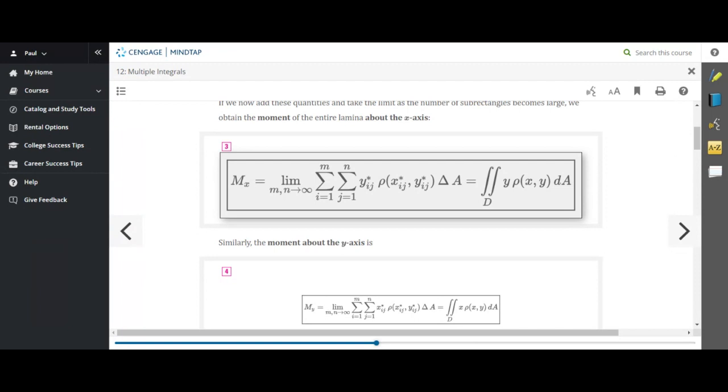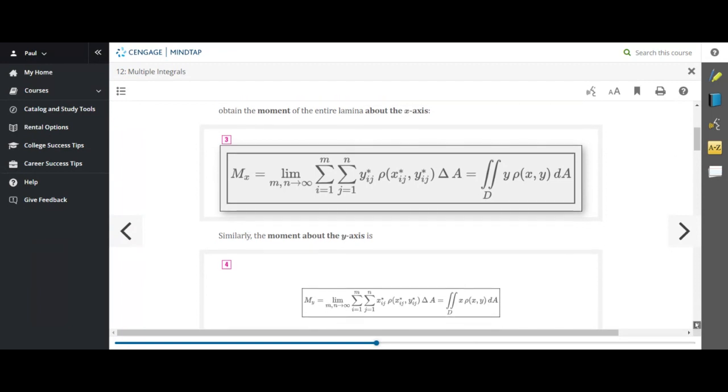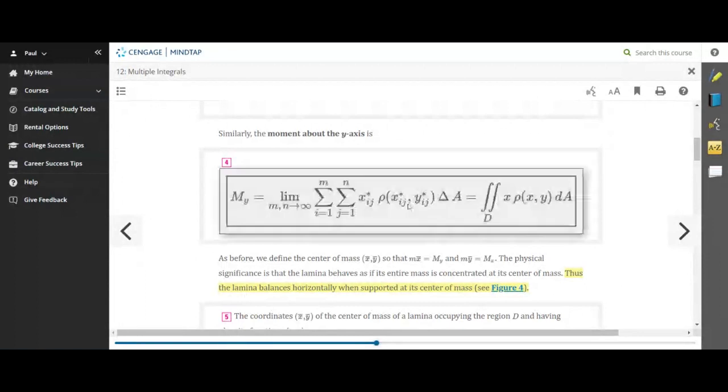On the other hand, if you are thinking about the moment about the y-axis, the y-axis is the vertical axis in the xy plane, so you're looking at points relative to how far they are from the y-axis. That would be a horizontal distance, and that's why they insert an x in there in the Riemann sum.